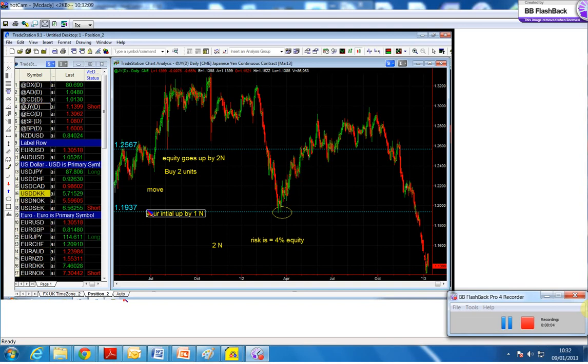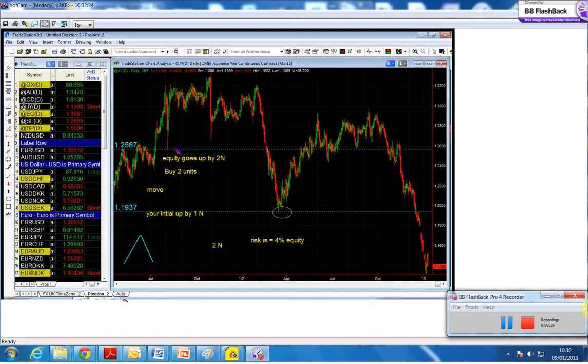So if you're going to add, basically the way we add our positions should be like this. Pyramiding should be like a pyramid. Our biggest position would be the initial position, and we're going to add less and less.